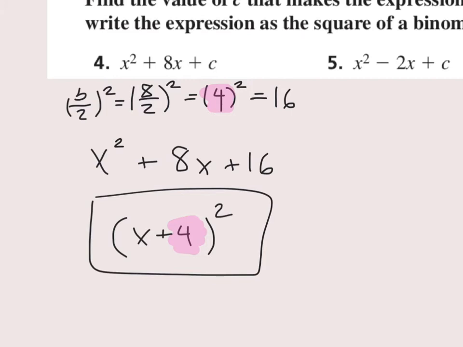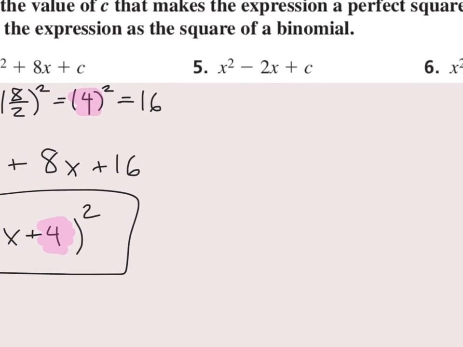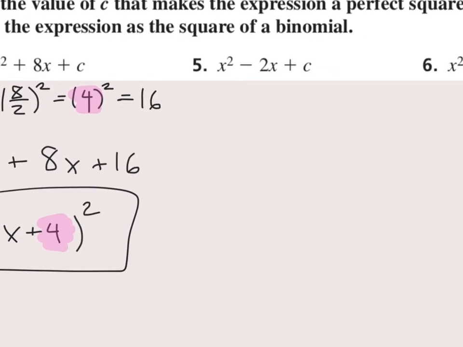All right, number 5. So we need to find our value for c that makes this a perfect square trinomial. So we have b over 2 squared. What's our b? Negative 2 over 2 squared. Negative 2 over 2 is negative 1 squared, which is just positive 1.